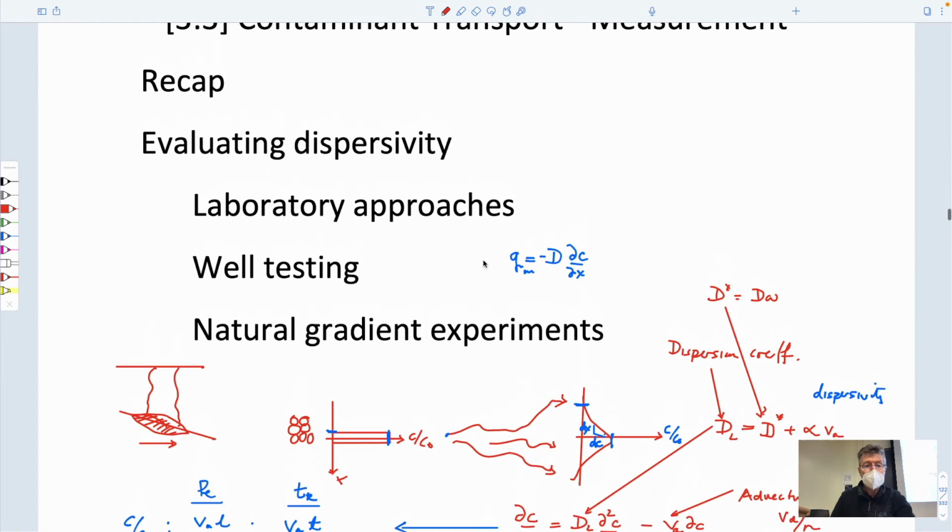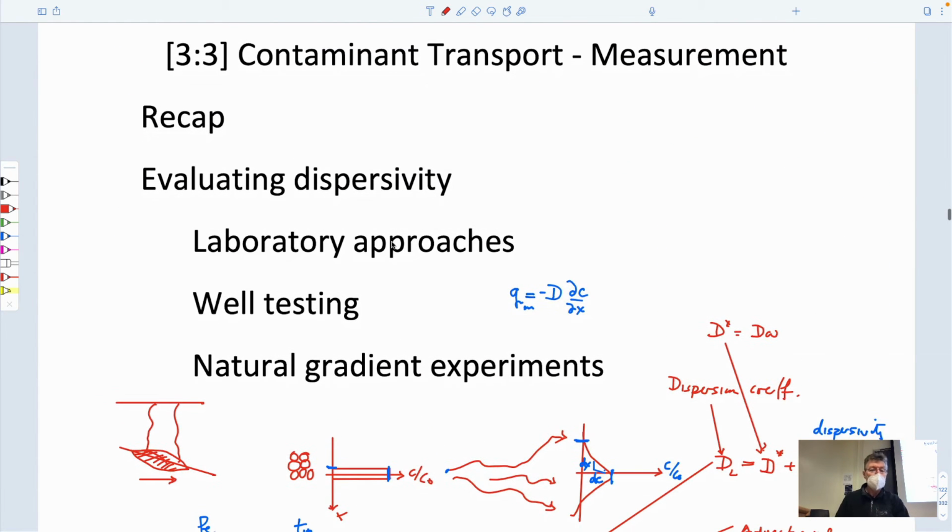And so it comes down to saying, what experiments would you do to evaluate the magnitude of this D sub L parameter? So we want to figure out exactly what this is. We know it's a function of molecular diffusion and a function of advective velocity. And so we might need to figure out how to do that.